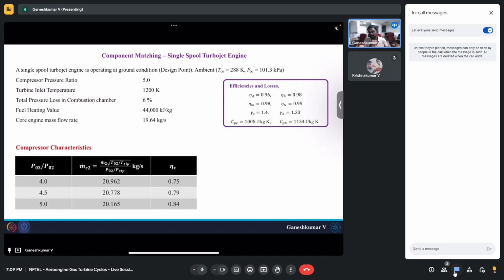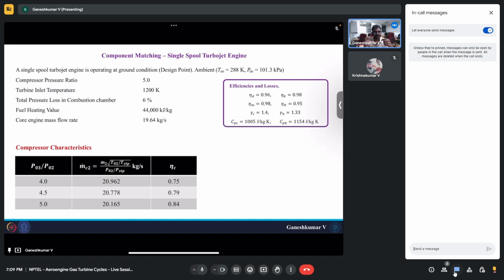Now, additionally, there are a few things given in order to solve this engine for an off-design condition. The first information that we need is the compressor characteristics, or the compressor map. In a compressor map, you will have a corrected mass flow rate, a pressure ratio, efficiencies, and the iso-speed lines.